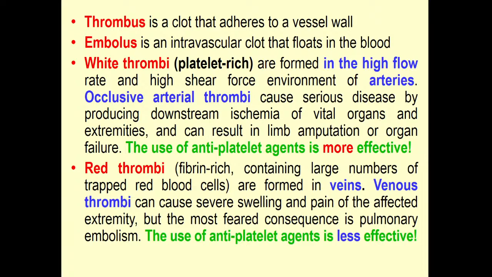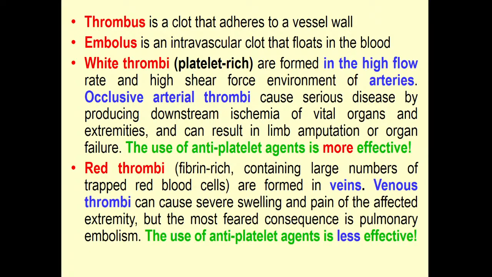We distinguish white thrombi and red thrombi. White thrombi, or platelet-rich, are formed in the high flow rate and high shear force environment of arteries. So white thrombi are arterial thrombi.